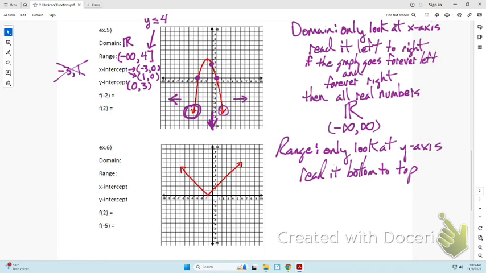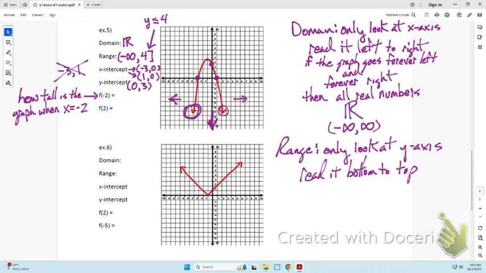For these f of questions, they're a little tricky. Think how tall is the graph when x equals -2.